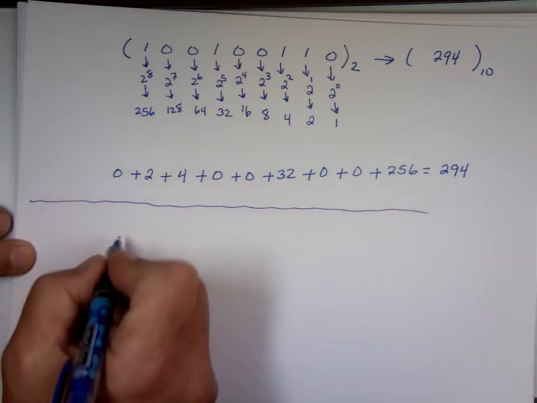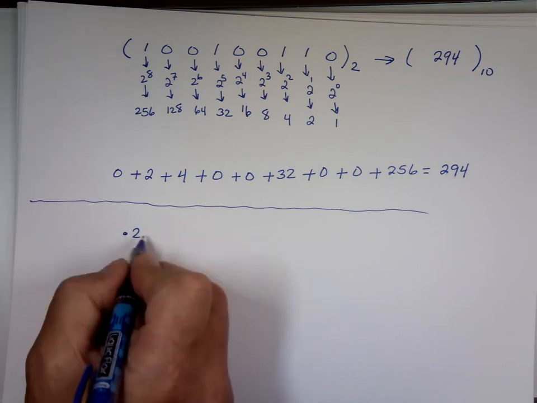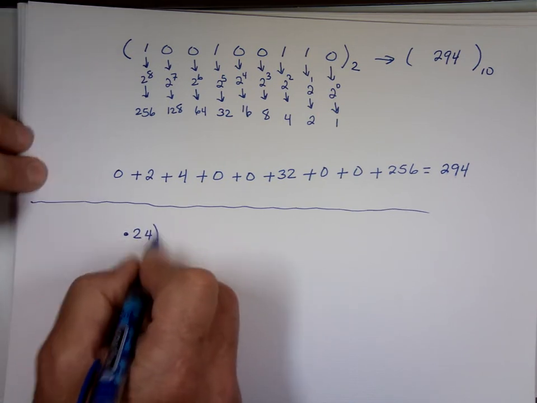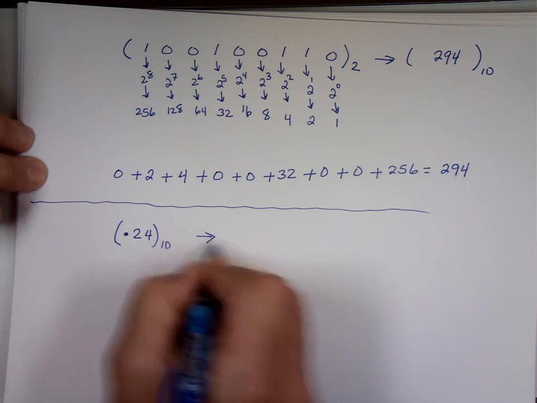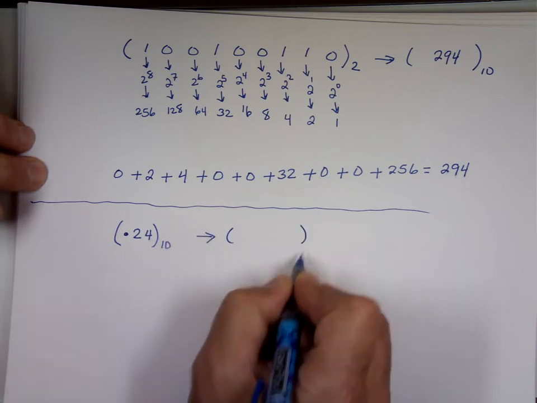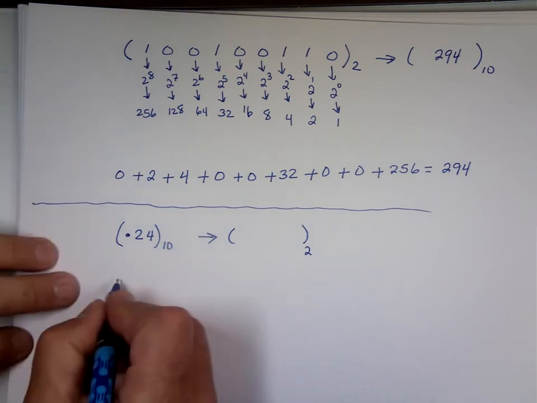So let's say I have 0.24 in base 10, and I want to change that to base 2. If it's decimal, instead of dividing by 2, you multiply by 2.